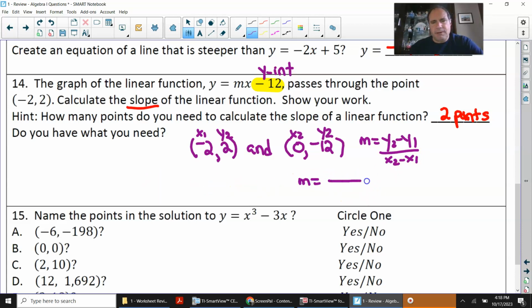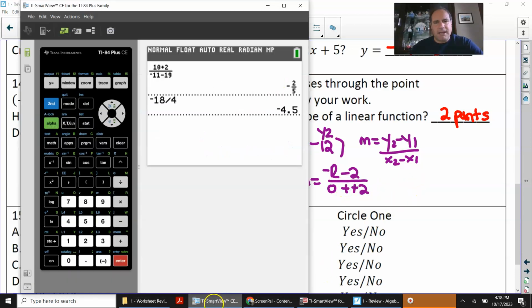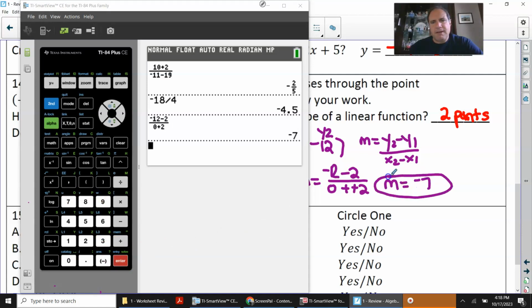M equals, I'm going to set myself up, negative 12 minus 2 over 0, x2 minus x1, which is minus a negative 2, and that is positive. I'm going to grab my calculator and press alpha x, negative 12 minus 2 over 0 plus 2, and that is negative 7. So the slope is negative 7.